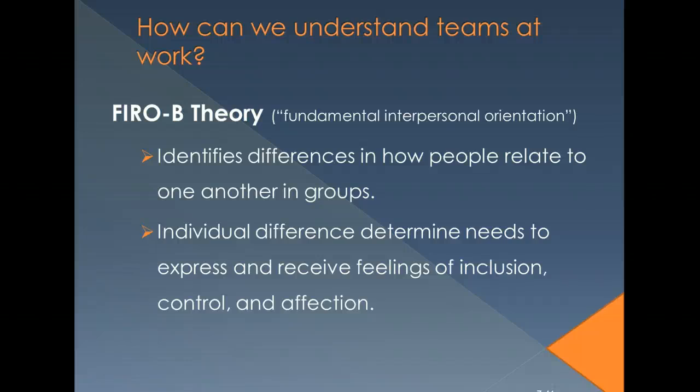The theory suggests that teams whose members have compatible needs are likely to be more effective than teams whose members are incompatible. Symptoms of incompatibility include withdrawal, members who withdraw themselves, open hostilities, struggle and fighting over control, and domination by a few members.